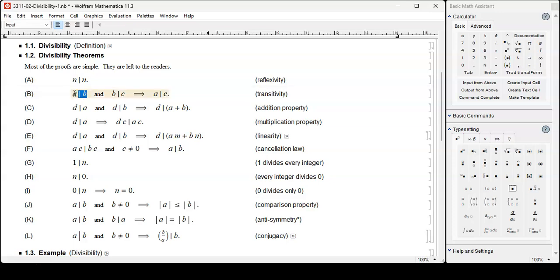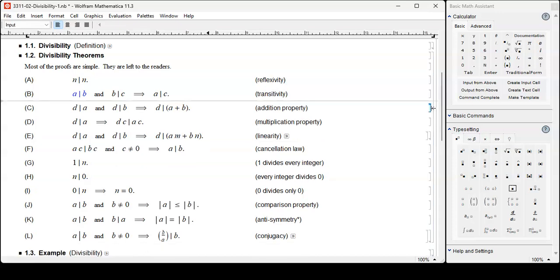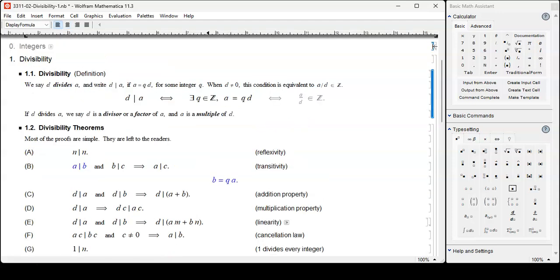A divides B, what does that mean? That means, oops, sorry about the typo, B is some q times A. Is that right? After all, that's the definition of the divisibility. How about B divides C?